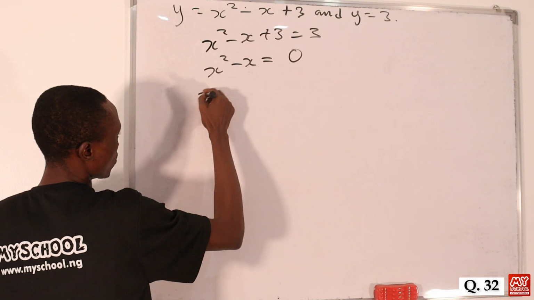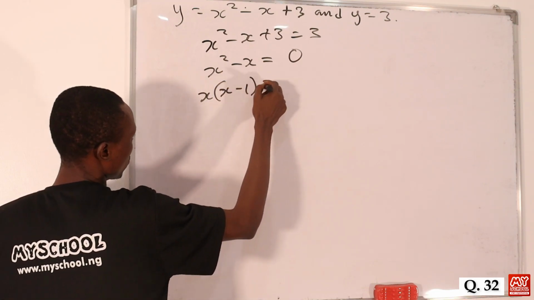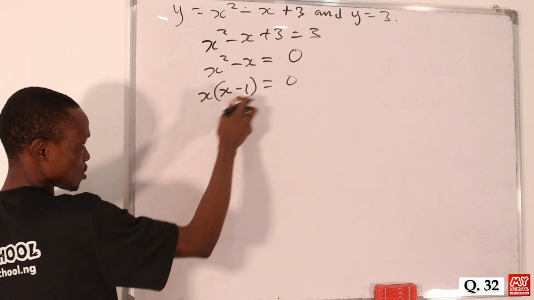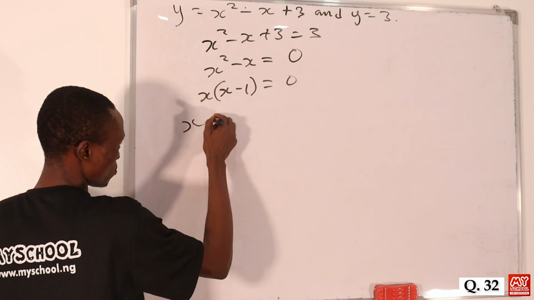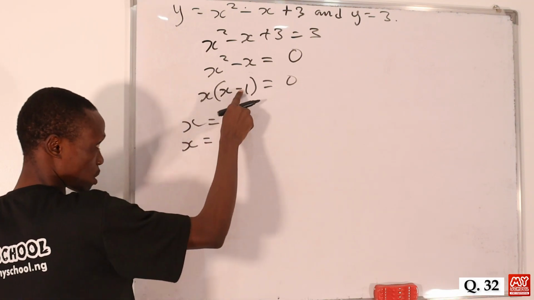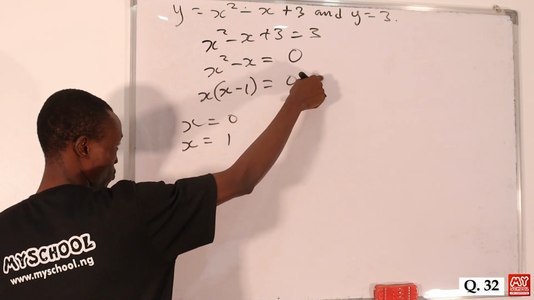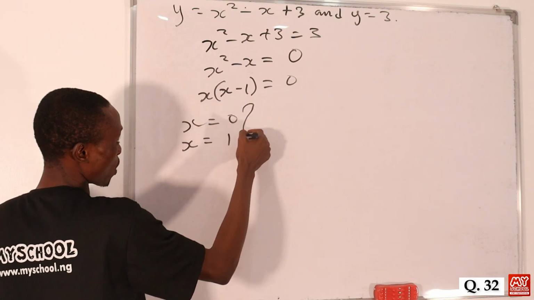So here we factor out x, so that we'll be having x times x minus 1 equal to 0. So the first x will be equal to 0, while the second x will be equal to 1, because I move this 1 to the other side of the equation, and that will make it positive. So this becomes our limit.